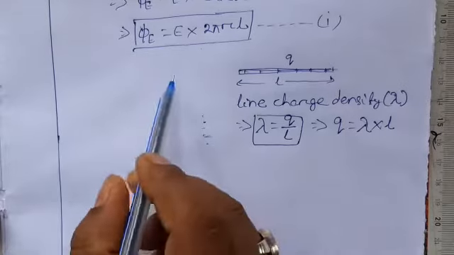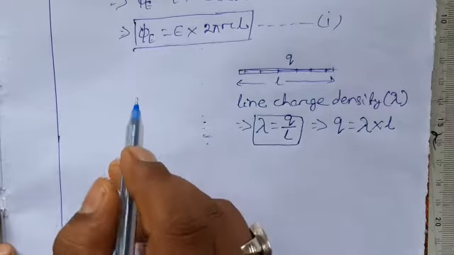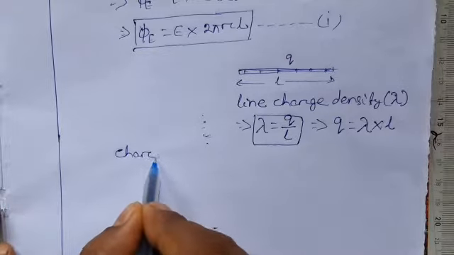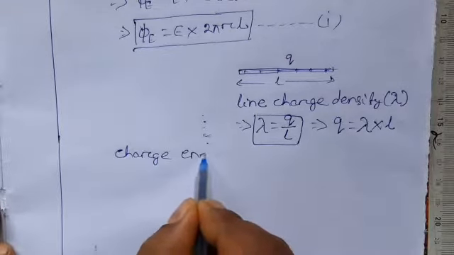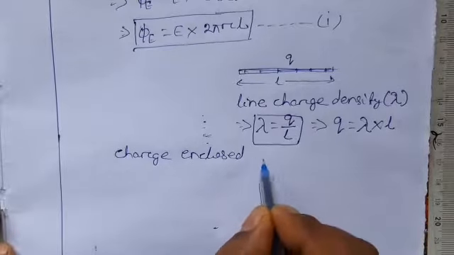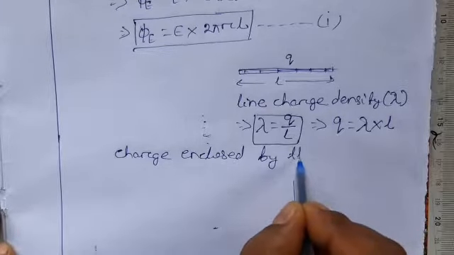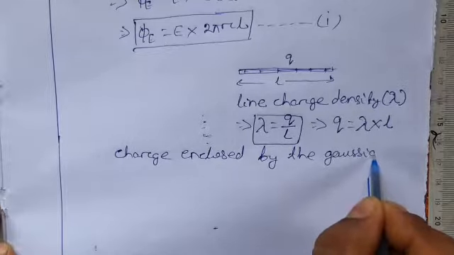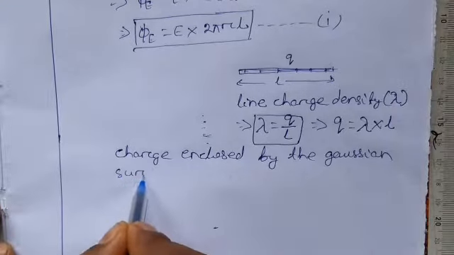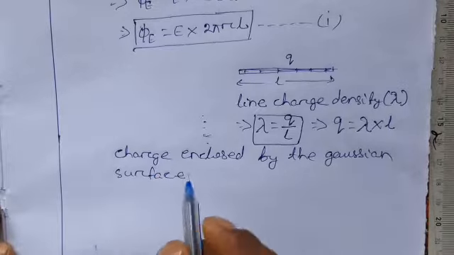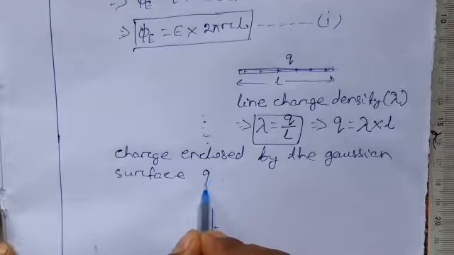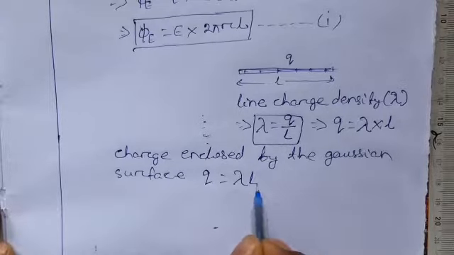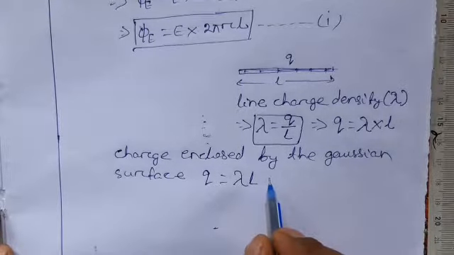So in this cylinder case, charge enclosed by the Gaussian surface, I can say Q, which is equal to line charge density into length of the Gaussian cylinder.